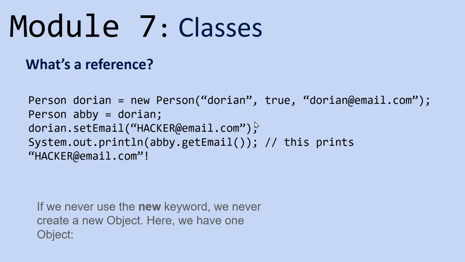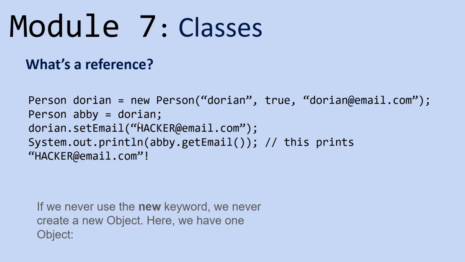But it's going to print hacker@email.com, which you might not expect at first, right? But sure, we made a new variable name, but since we never used the new keyword, we never created a new object. So here, there's only one object. We only used the keyword new once to make the Dorian person.